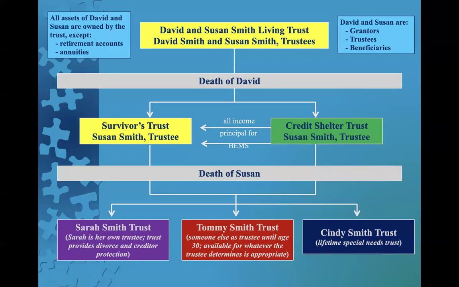But then Sarah, of course, is going to be the trustee for her sister Cindy. And the assets in Cindy's trust will never disqualify her from the benefits that she's entitled to. They're non-countable assets. They're in a special needs trust. But what it is there for is everything that the government doesn't provide, right? So, for example, if you're on Medicaid and you have a tooth issue, then Medicaid will pay to have the tooth pulled, but it won't pay for any type of reconstruction.